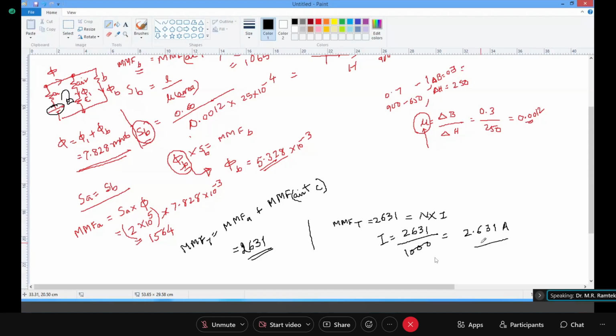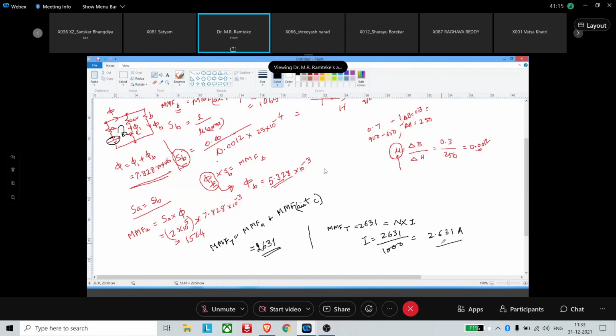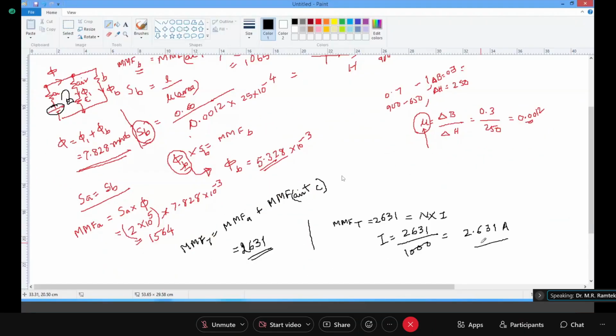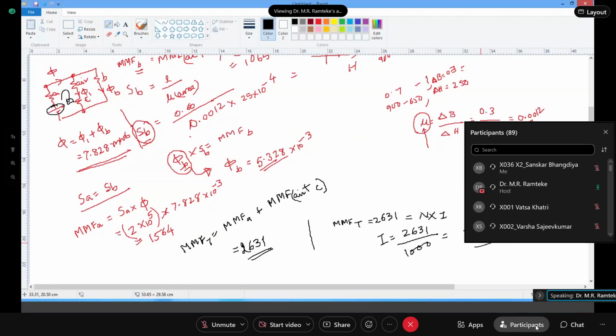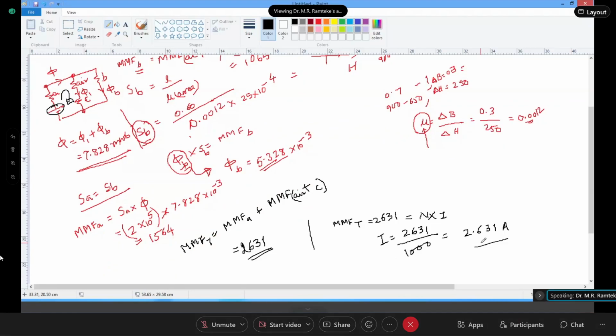So if I change the position of a source and maintain other conditions unchanged, there will be a change in required MMF for the same condition. It may increase or decrease. In this case, it is increasing. That is a different thing, but it will change.